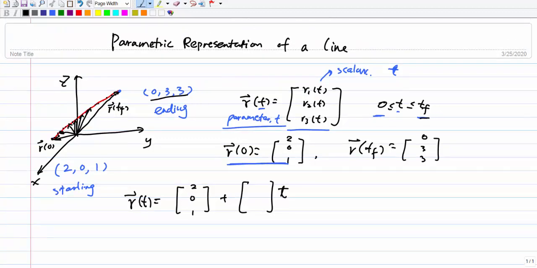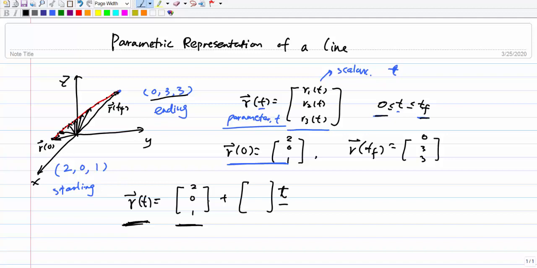Of course, you can have multiple ways to do that. One simple way is to consider r(t) of this form. When t is 0, I want this value to be just my initial point (2, 1, 0).